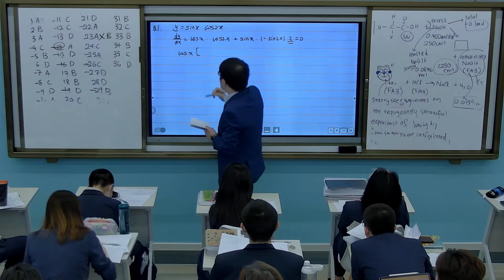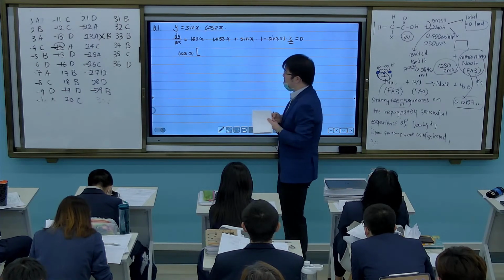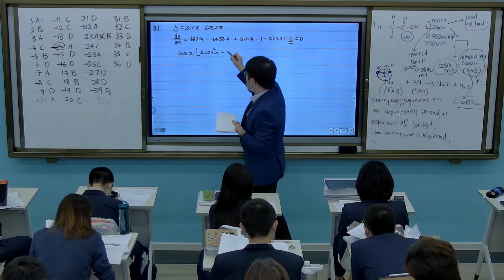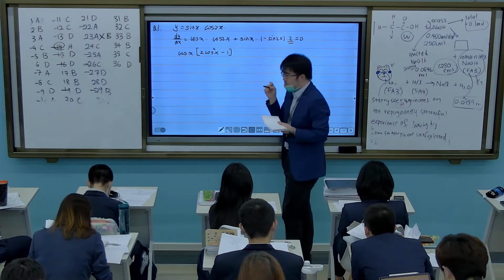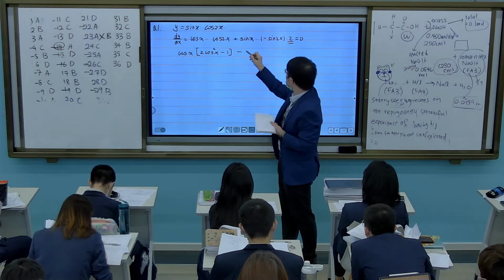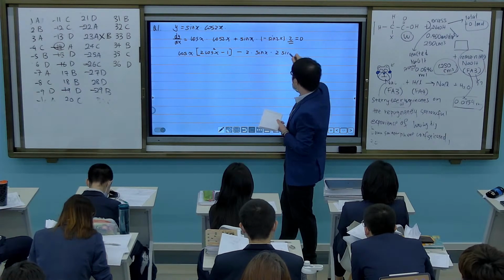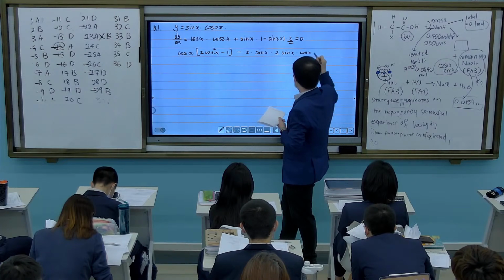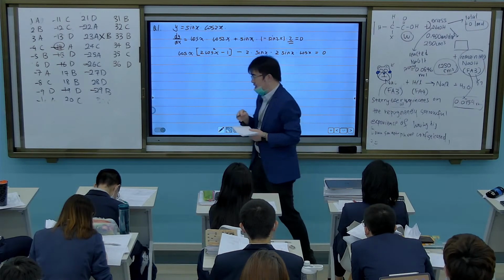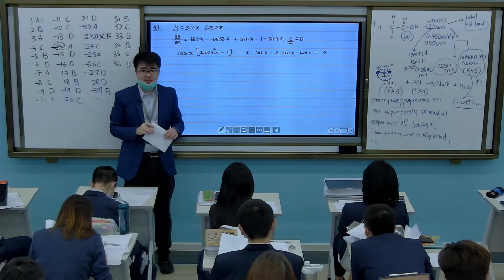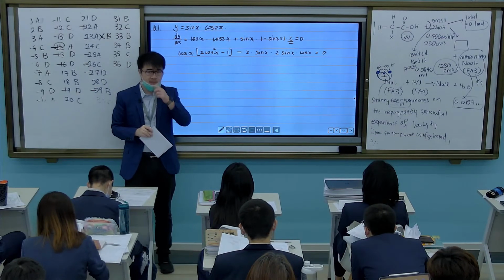Then double angle for cosine 2x, you have 2 times cosine x squared minus 1, right? Then minus 2 times sine x, then times 2 sine x cosine x. The 2 sine x cosine x is from the double angle formula for sine 2x, right?